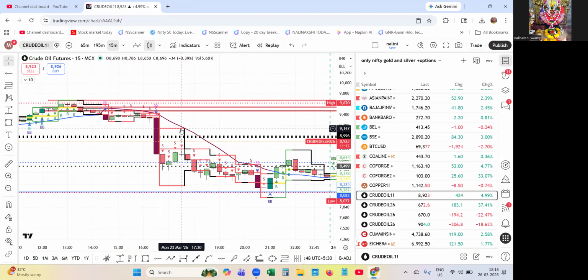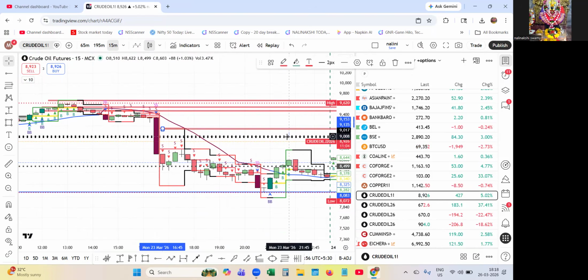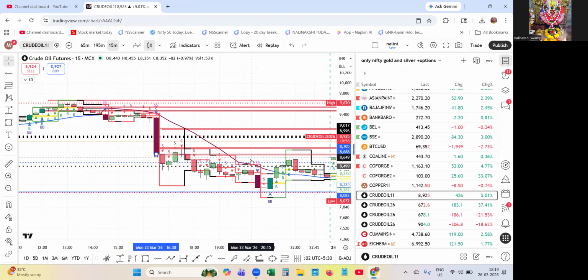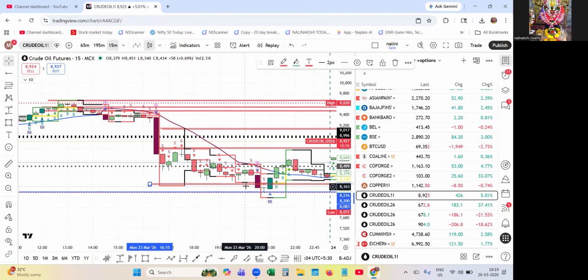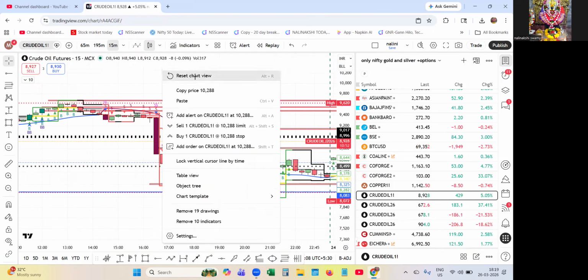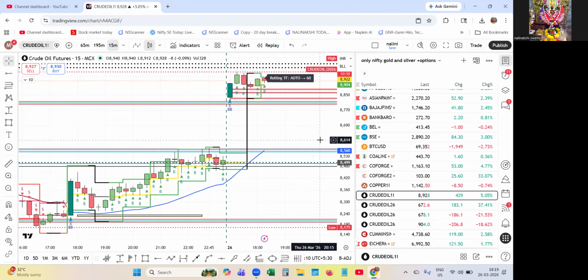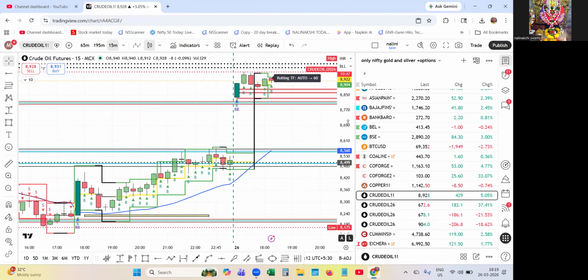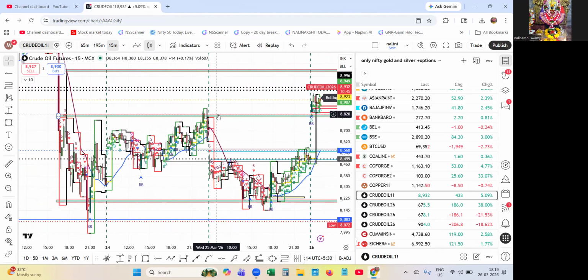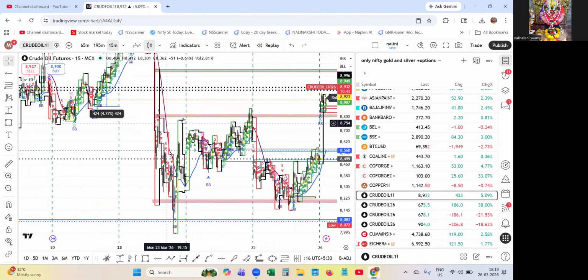This is the level, 9,147, and these are all red things: pivot, R1 and this support. You know where the levels are. Now it is almost at the level. If we go back, these are the levels for this.